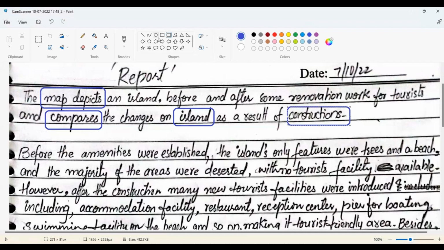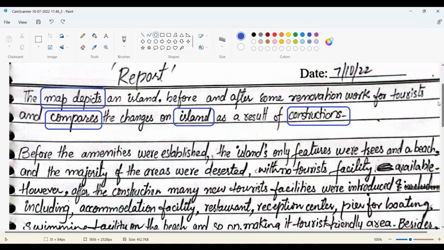And what is this? L and T are written like, can't say which is L, which is T. So you should make it clear.